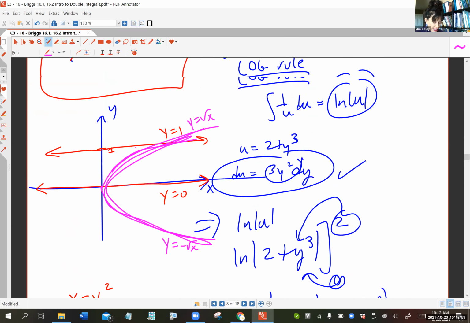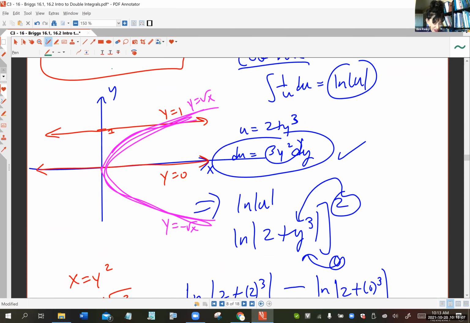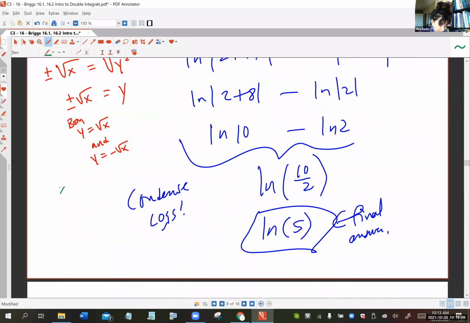Fine. Now, what about that other guy? Uh-oh. X is equal to cube root of y. Ugh. I don't think I have that one memorized. So I'm going to write down x equals cube root of y. And let's try to solve this for y, like we did with the other equation. So we'll try to write it as a function of x.